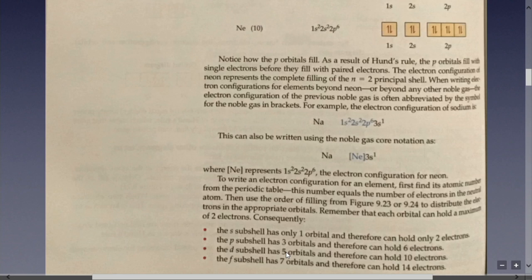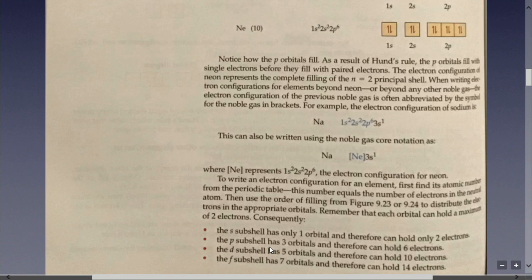So I don't like to say p orbital unless I'm referring to the actual one of the 3 shapes here, or one of the 5 shapes there, or one of the 7 shapes there. I don't know, but it does get tricky because they use the term orbital twice. But the point is, each one of those shapes can only hold 2 electrons.